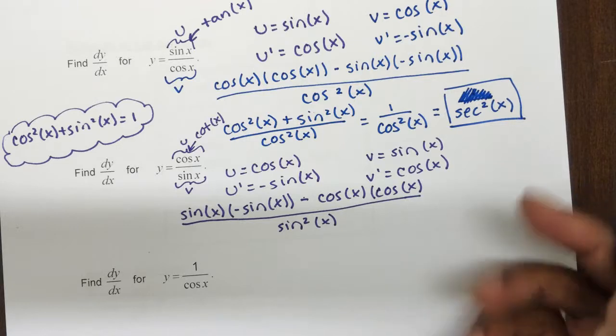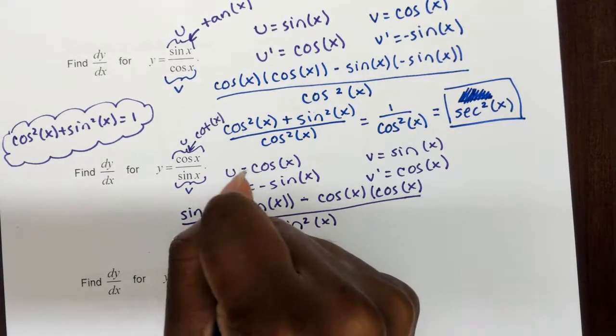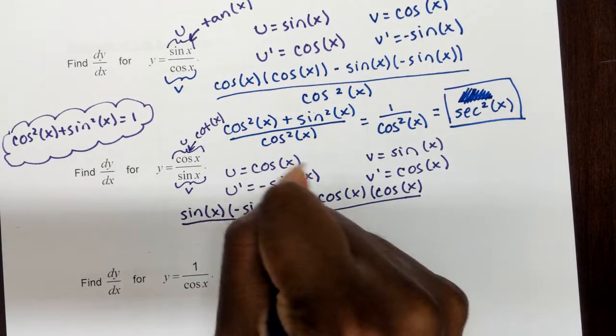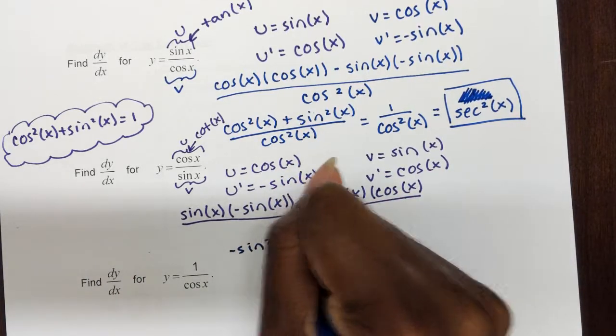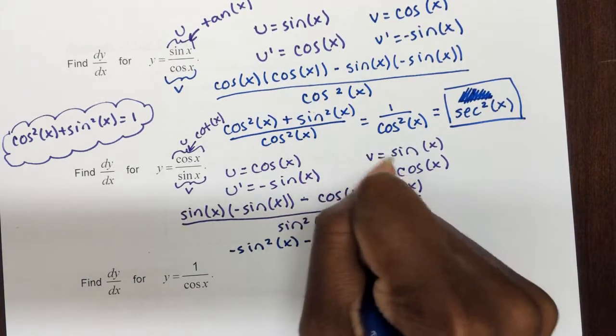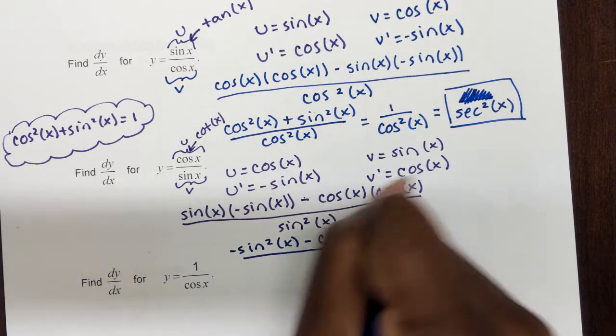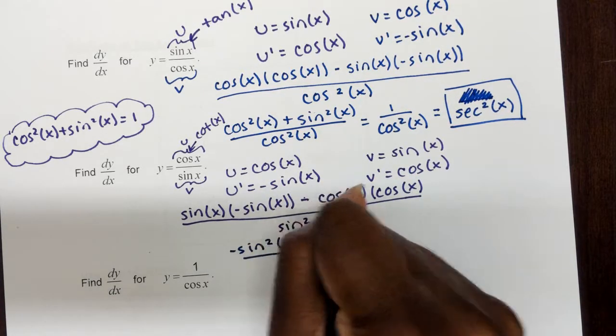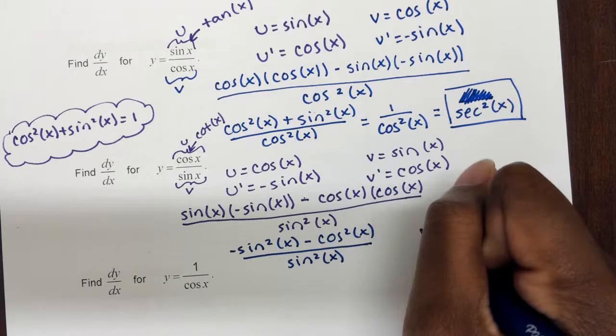So up top we have negative sine squared x minus cosine squared x all over sine squared x.